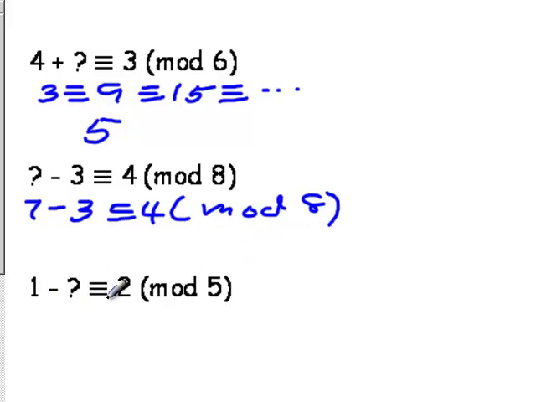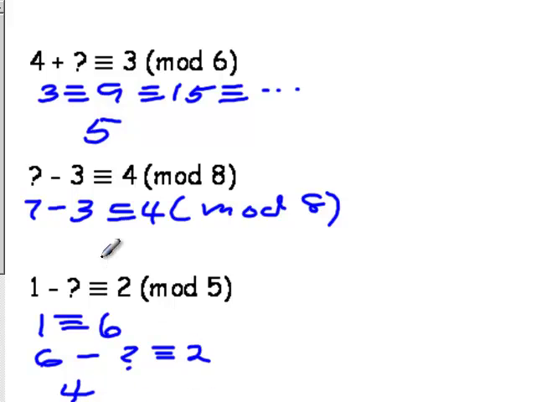One minus what number will be equal to 2 in mod 5? Well, 1 is congruent to 6. And now I think I already found something. I could write 6 minus what number is congruent to 2, and that would be 4. So our answer would be 4.